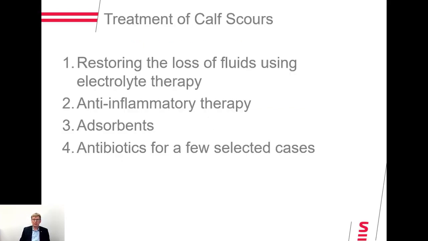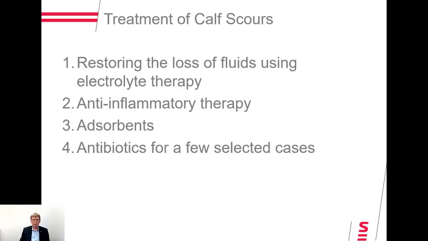The treatment consists of several components. We have to restore the loss of fluids using the chart I just showed you. And I like to remind you that when calves continue to scour when you're treating, you have to kind of stay ahead of the game and think about maybe it's not that bad right now, but the way she's scouring, she will be worse in a few hours.